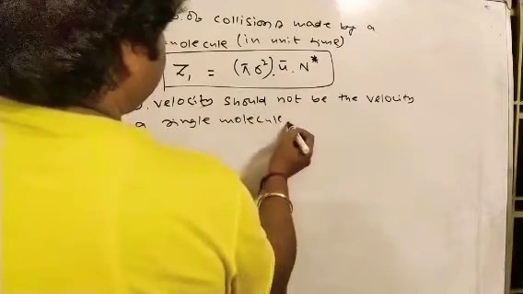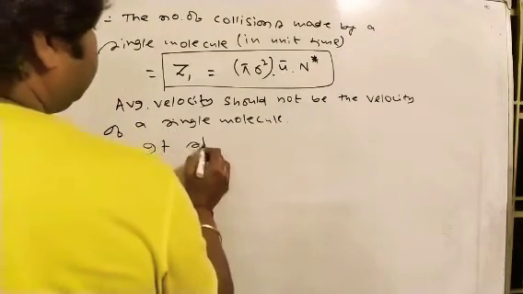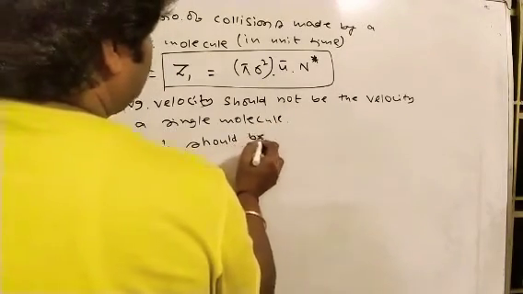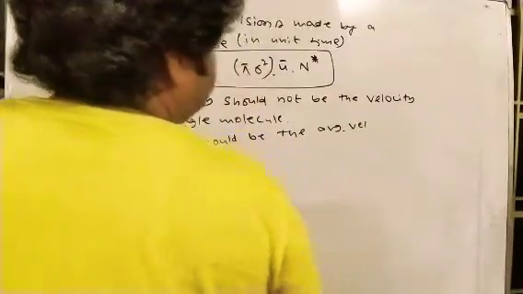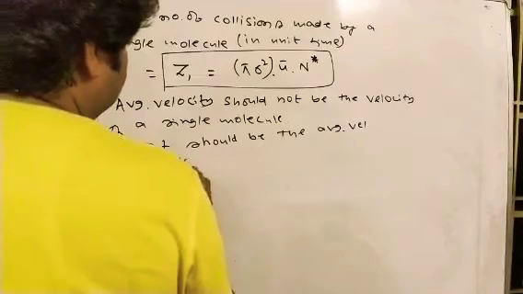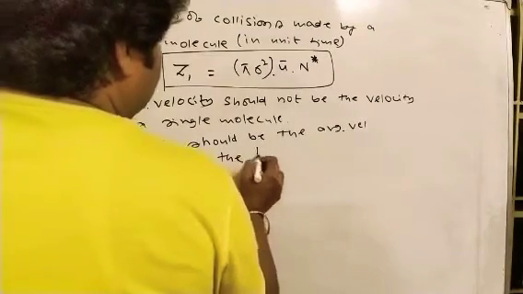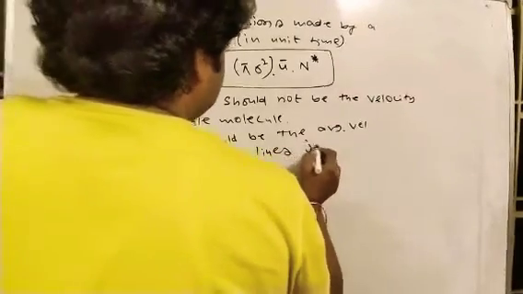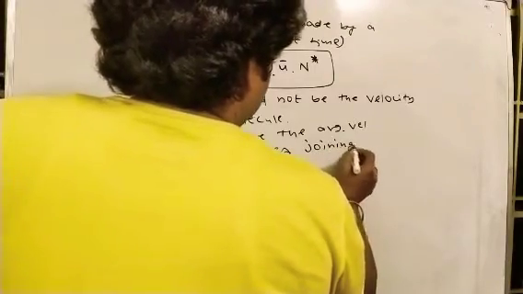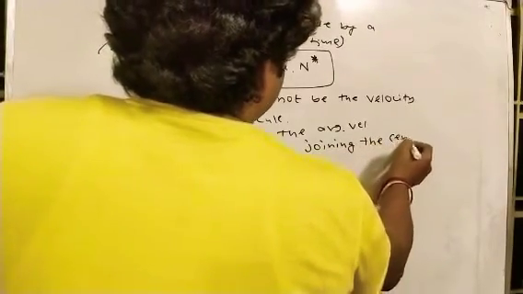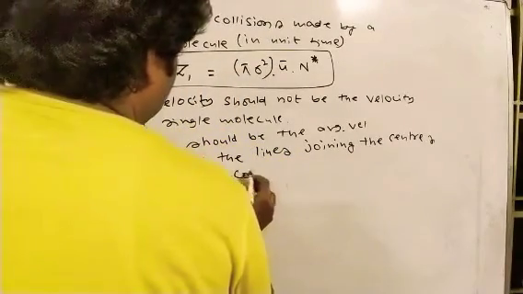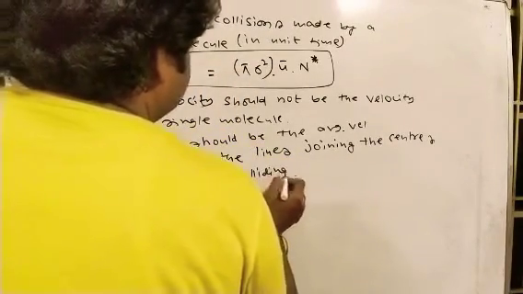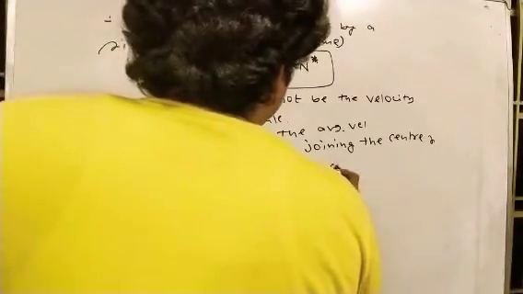Okay, so what should it be? It should be the average velocity along the lines joining the centers of two colliding molecules.